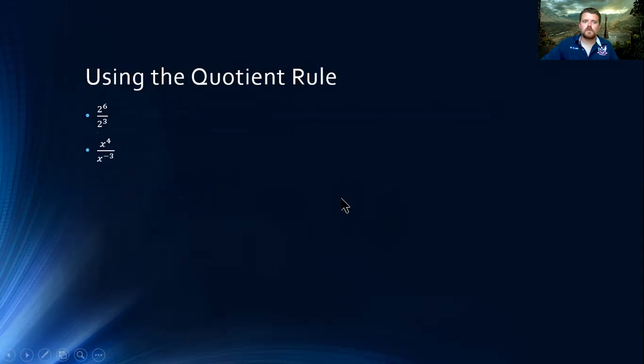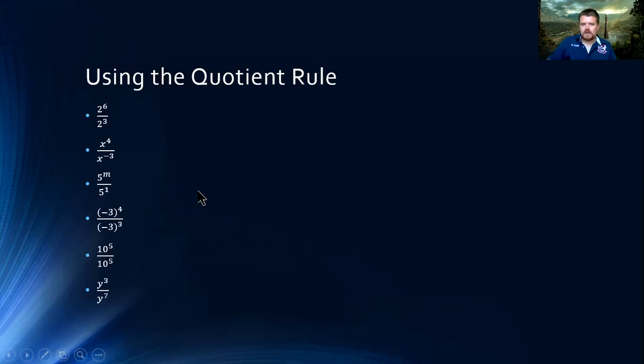If I had x to the 4th divided by x to the negative 3rd, keeping in mind my positive and negative numbers, and that's a whole other thing that should be reviewed, and you need to reach out to me if that's something you need help with still. You've got to be able to add and subtract positive and negative numbers. So that would be x to the 7th, et cetera.